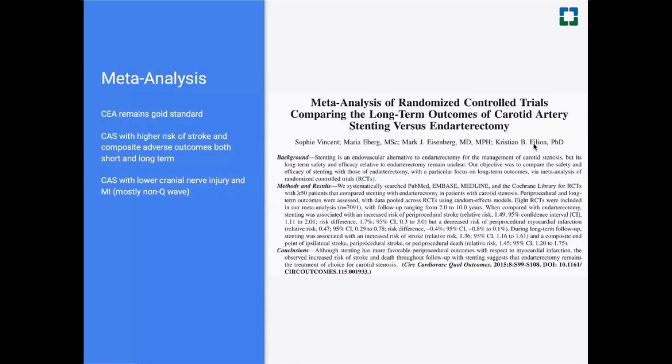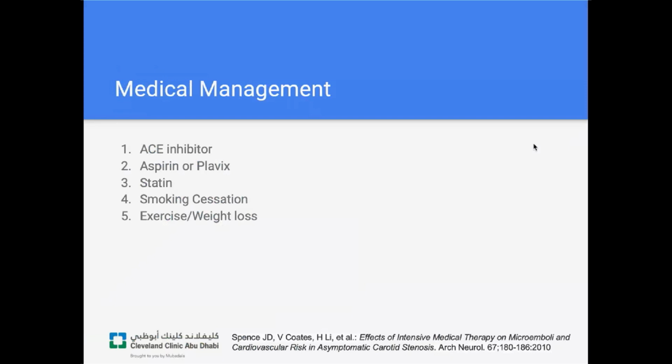But I brought up the point of medical management earlier, and medical management has greatly changed over the 20 years since NASCET and ACAS came out. So if we have beta blockers, ACE inhibitors, aspirin, Plavix, and statins available, how does that work? Well, current medical management involves an ACE inhibitor, aspirin, or Plavix.